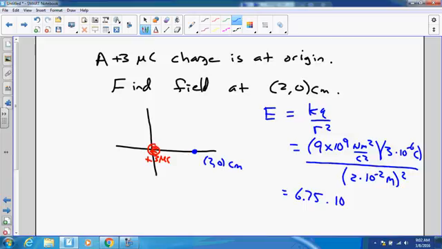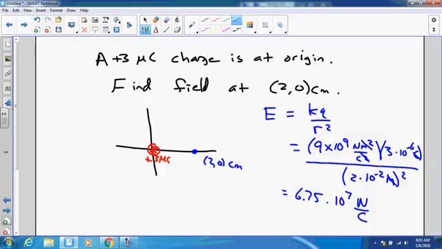So 10 to the 3rd minus -4 is 10 to the 7th. Meters squared cancel, one factor of coulombs cancels, leaving the other behind. So we get 6.75 times 10 to the 7th newtons per coulomb.